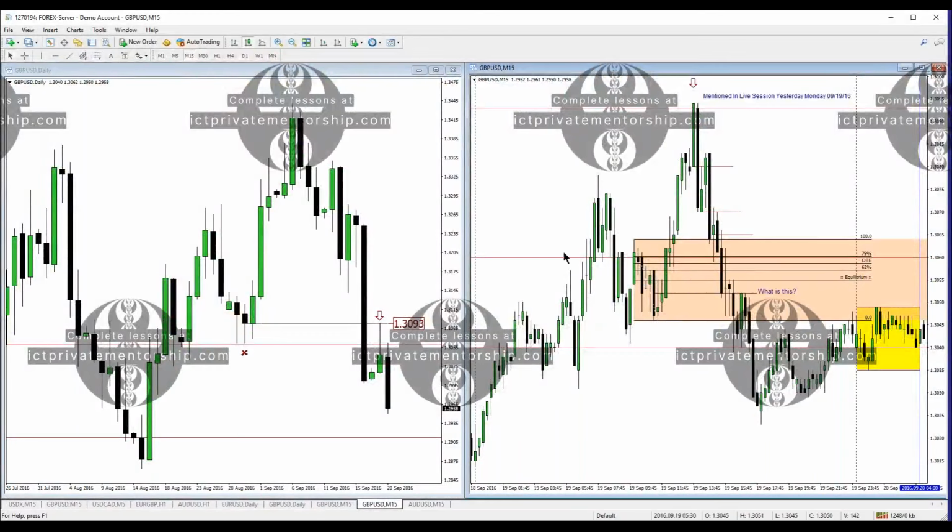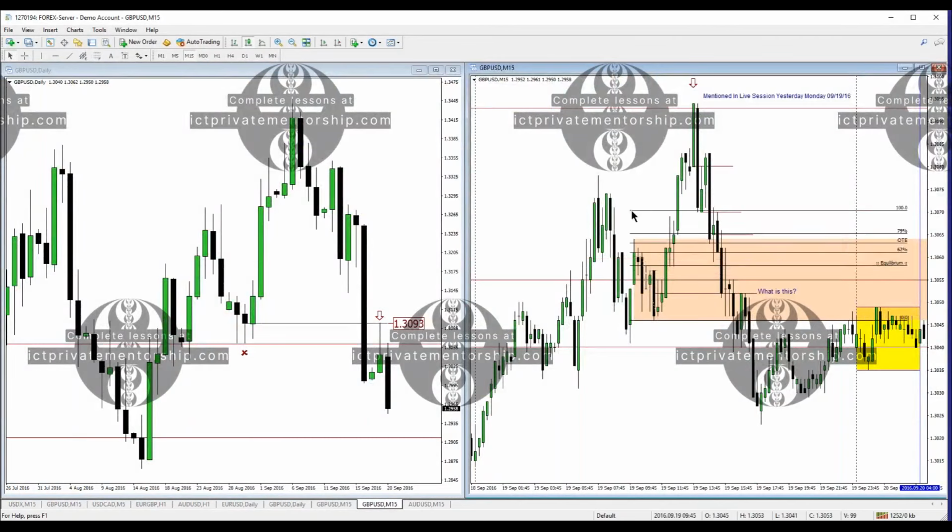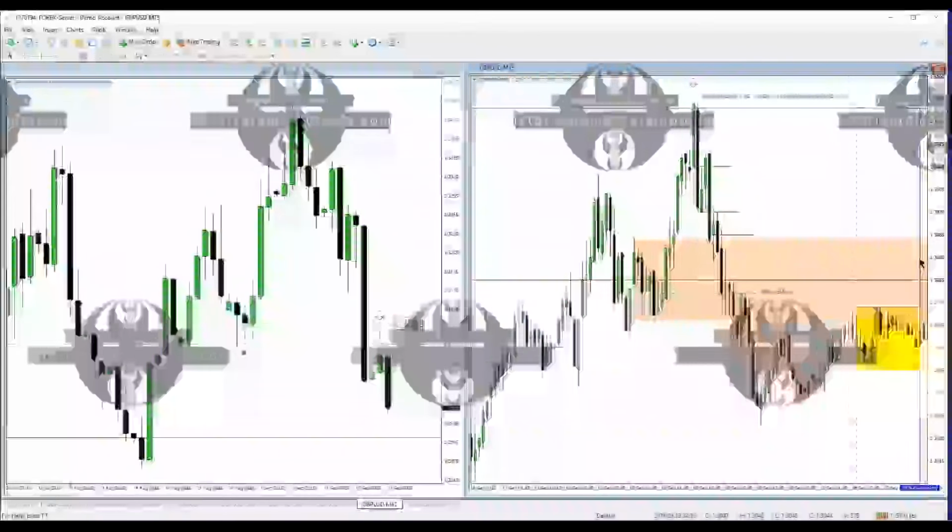So we can take this and drop it to there. Okay, so we have the middle of the range here. So this is the equilibrium, and we expect price to reach up into that. We want to see price reach up into it.